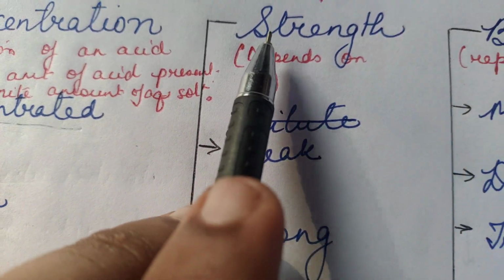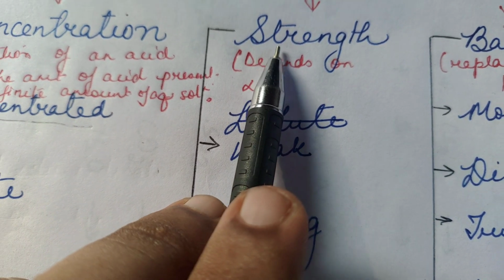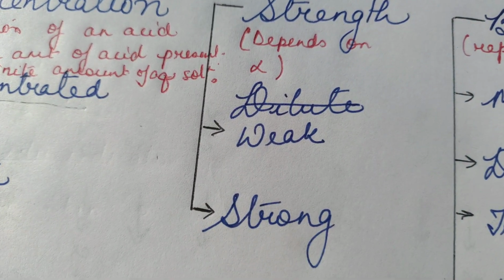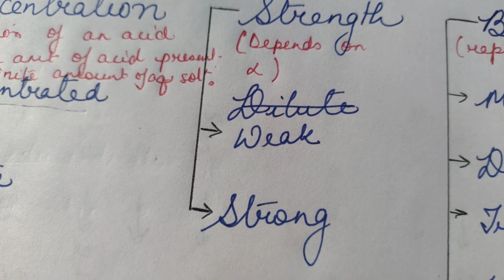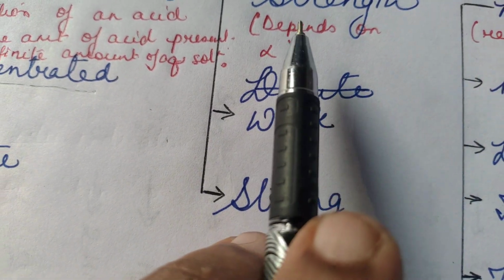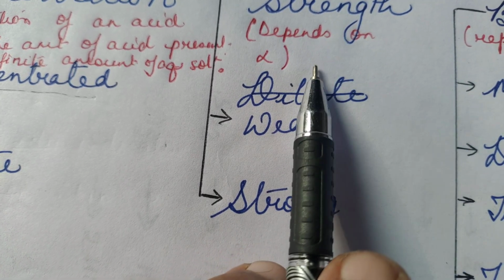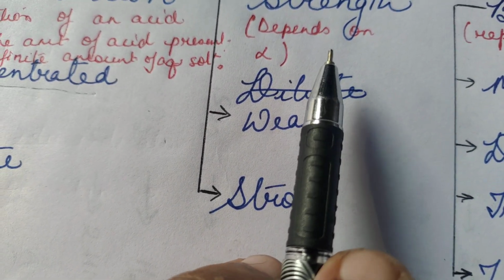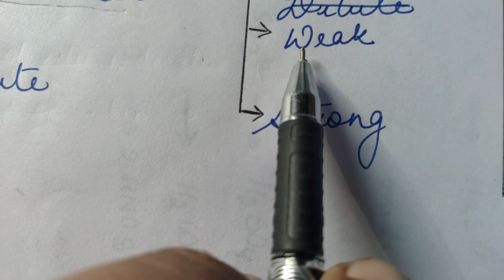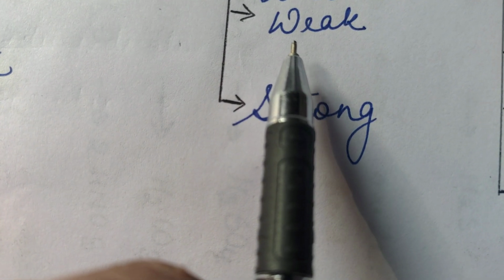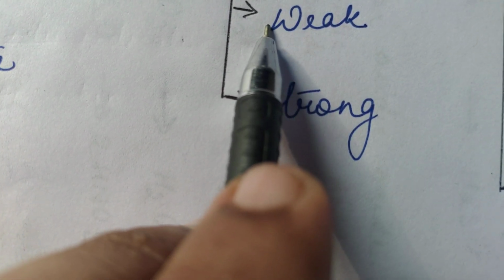Now shifting our focus to strength. The strength of an acid basically refers to the degree of dissociation. That means to what extent an acid has dissociated or ionized in aqueous solution. Now there are acids which ionize completely, and there are acids which ionize partially. We'll focus first on weak acids.